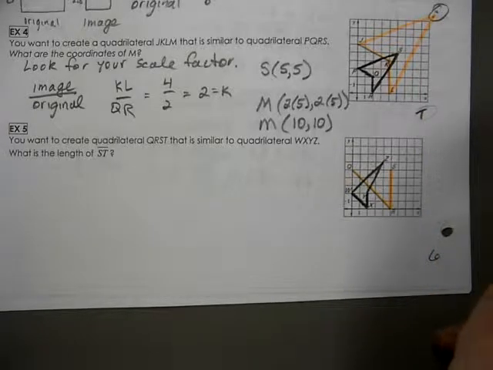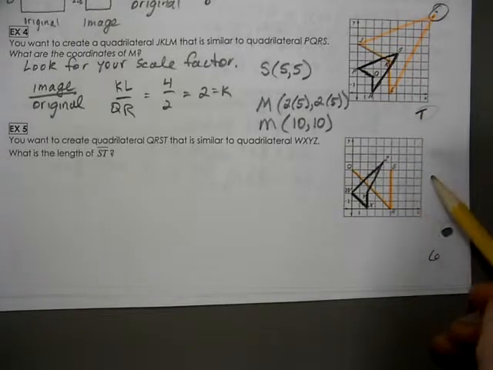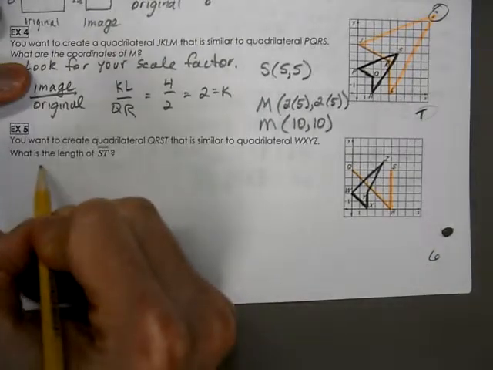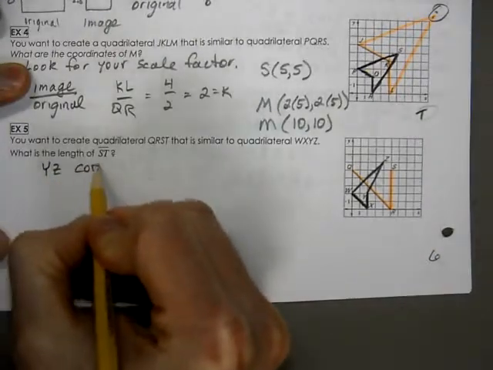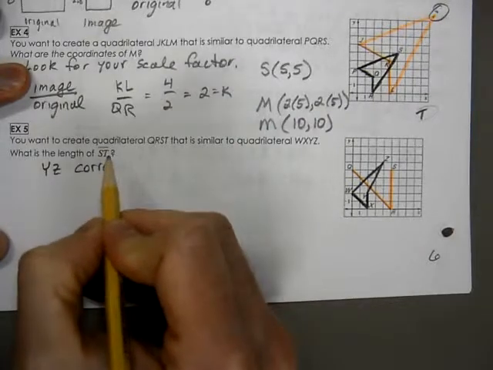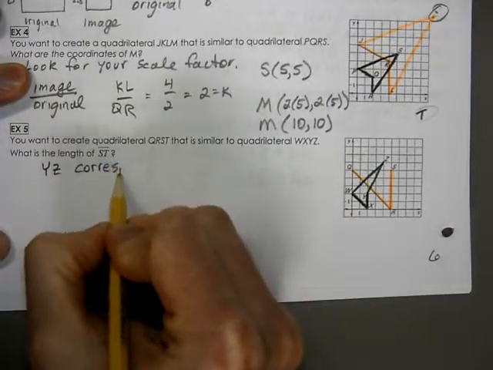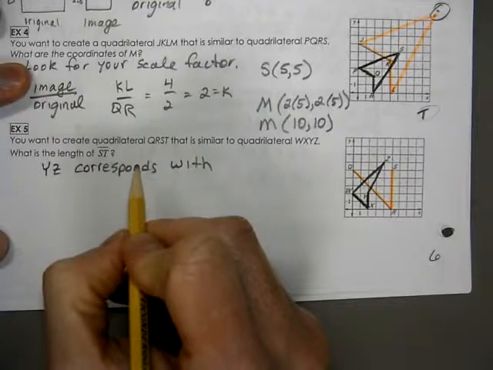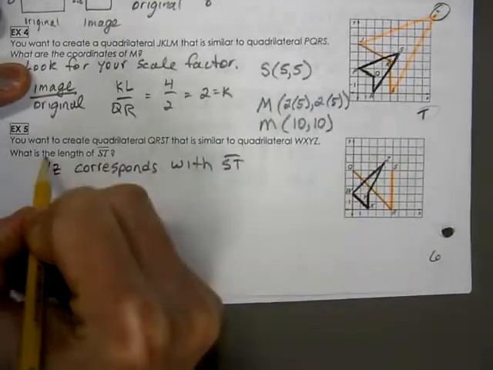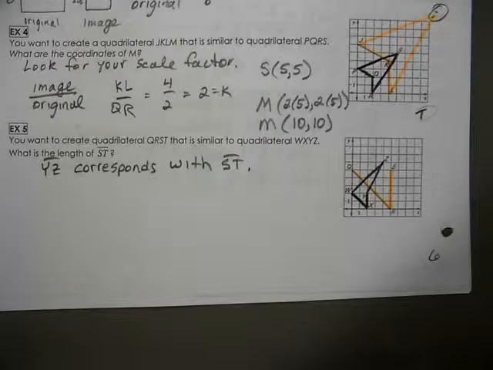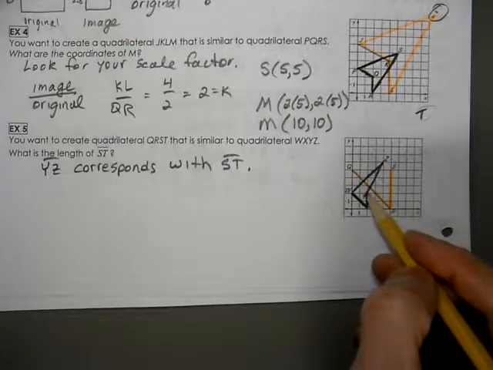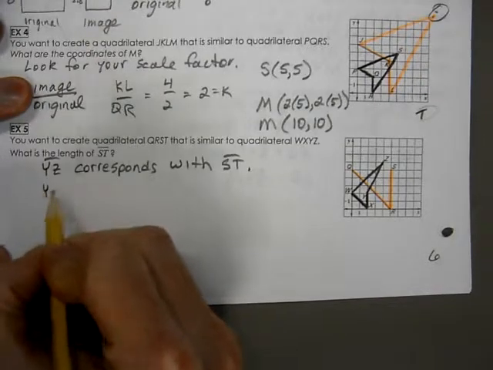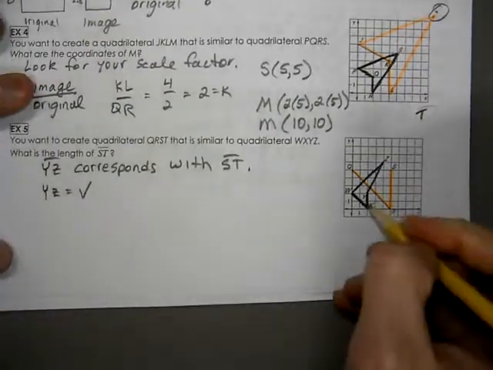So one way we could do that is to find out what corresponds to ST. YZ corresponds with ST. So if we knew the length of YZ, we can do that by the distance formula.